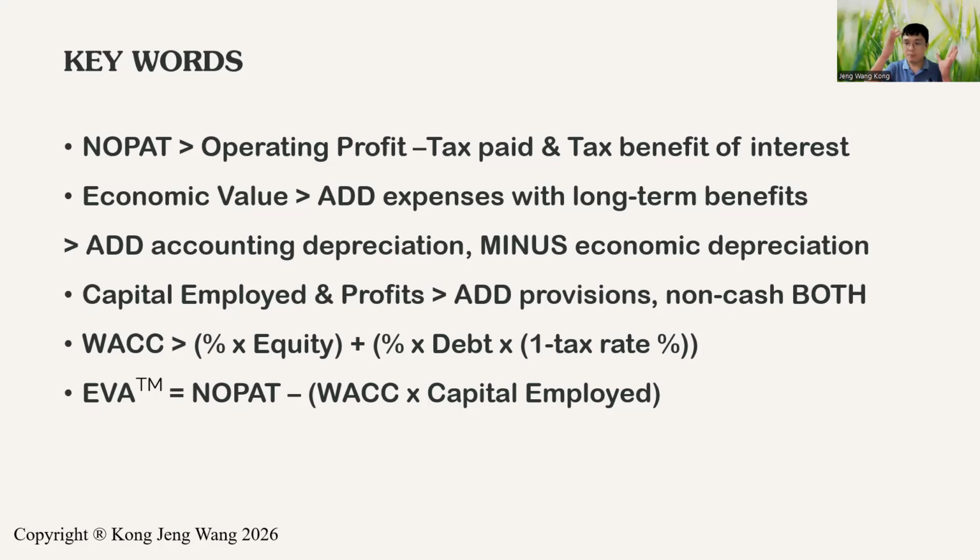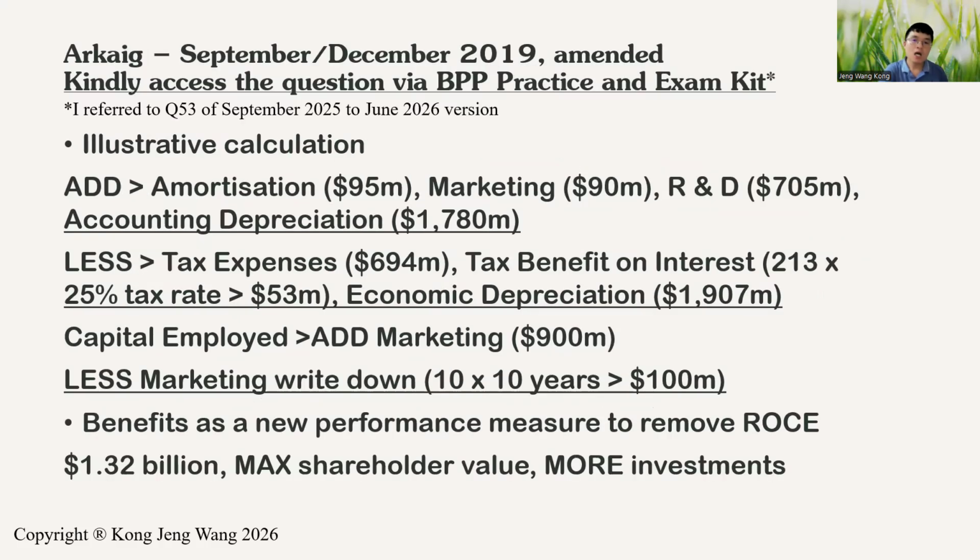So it must be based on the after-tax rate. This is how you adjust for the WACC. Then finally you can calculate the EVA figure: net operating profit after tax minus WACC multiplied by capital employed. So let's see the example.